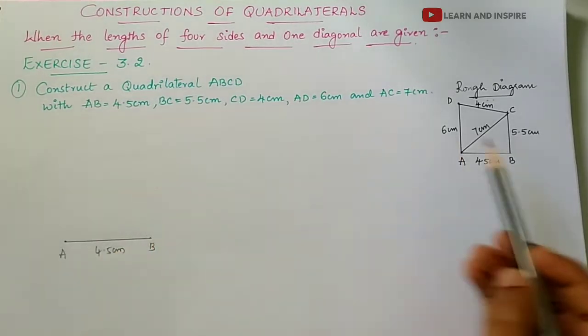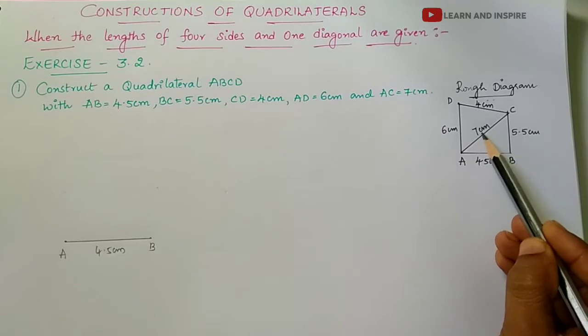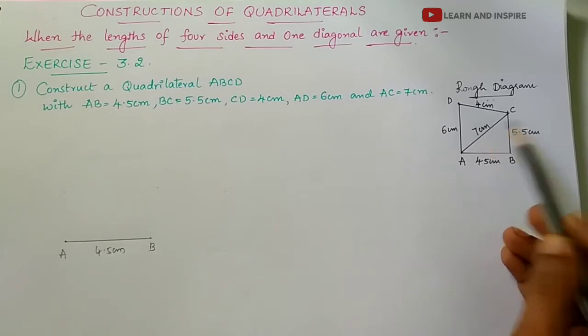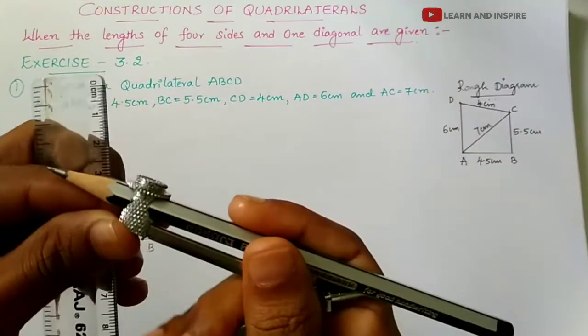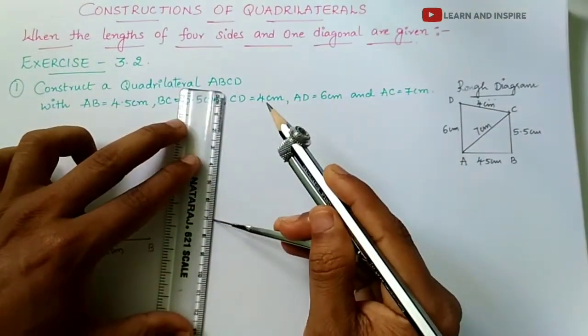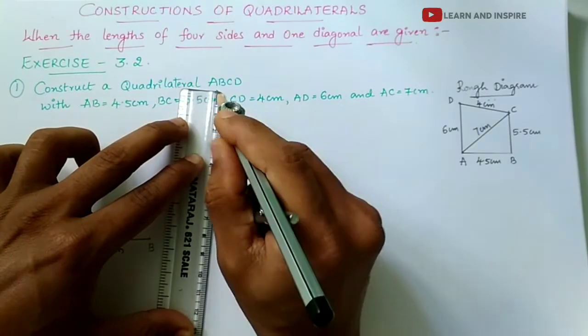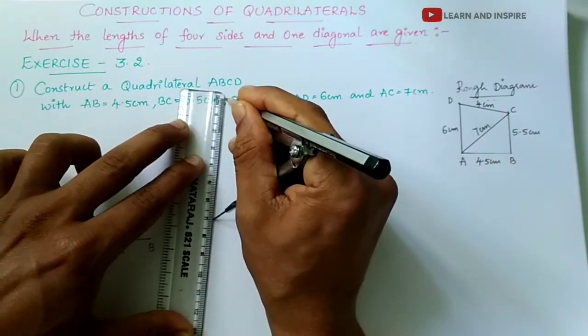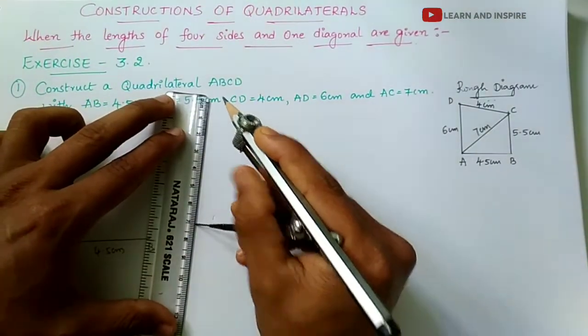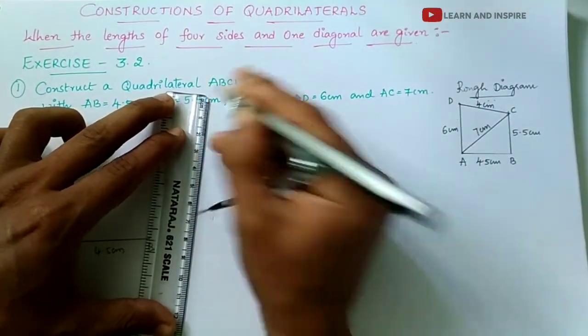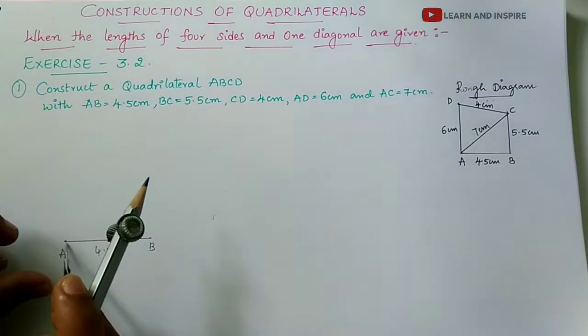Next one, with A as center of radius 7 centimeters, draw an arc. So with the help of a compass of radius 7 centimeters, I take 7 centimeters.